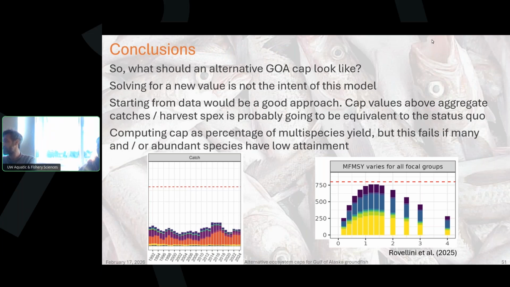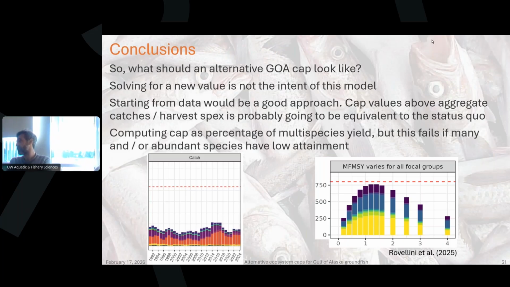One thing that we've done in the past in another paper, we computed multi-species MSY or a proxy thereof with this model, and you can see where that sits, discounted by some level. So basically the same thing that was done for the original cap.